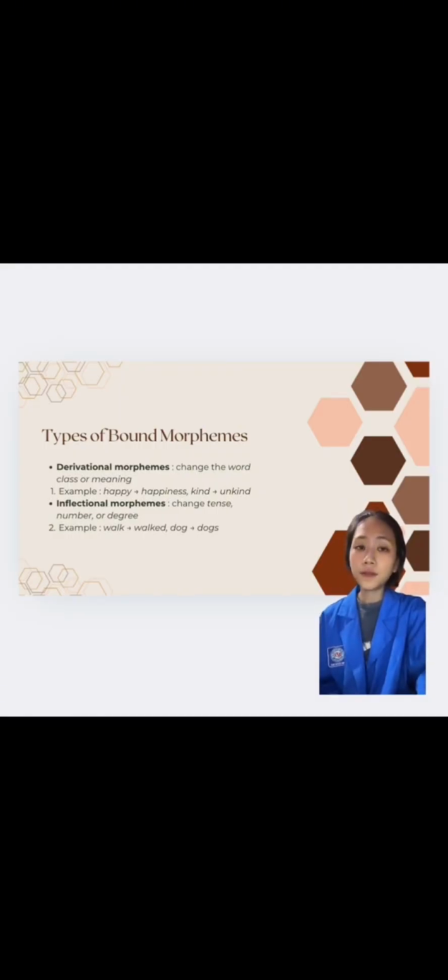Inflectional morphemes meanwhile change the tense or number, like walk becomes walked, or dog becomes dogs.